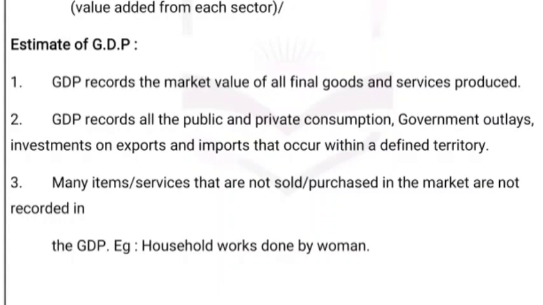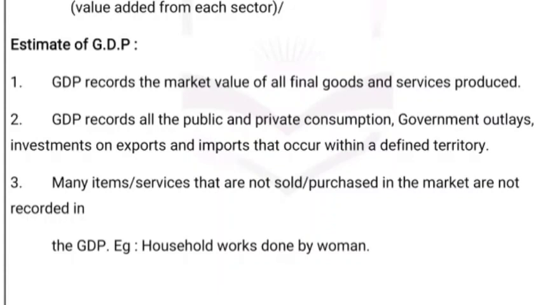Look at here. How do we estimate GDP? Actually we discussed that there are three approaches: expenditure, second income, and third consumption approach. Here it is also given: the GDP records the market value of all the final goods and services produced.